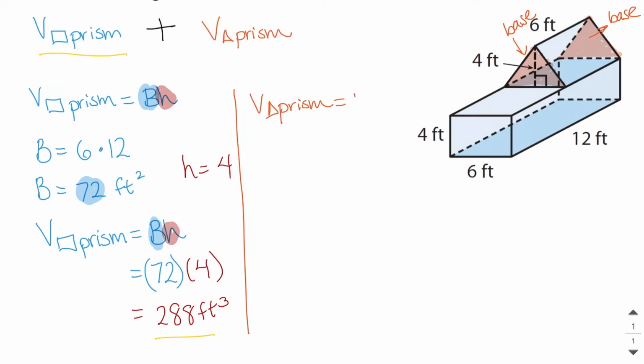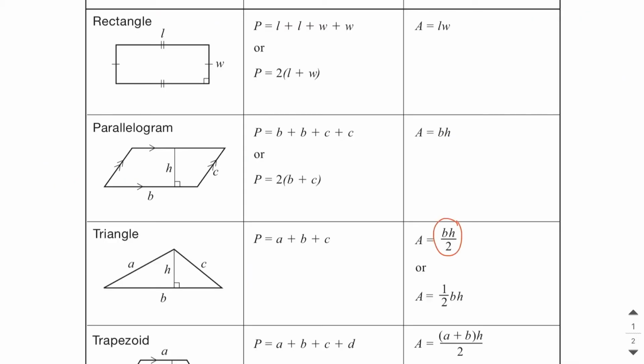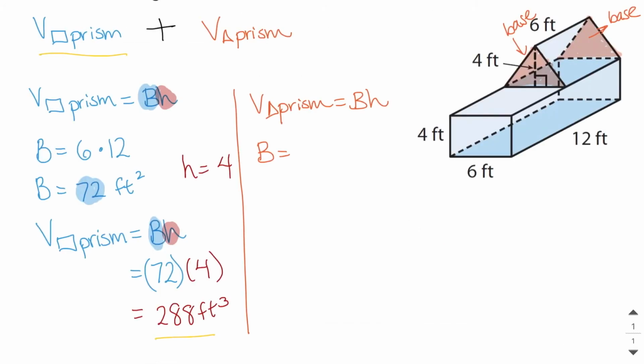So we still need to find the base area and multiply it by the height. But this time, to find the base area, we have to do the area of a triangle, which we know is the base times the height divided by 2. Now notice this is lowercase b, not uppercase B, and there's a difference between the two. Here my lowercase b is this side length right here.